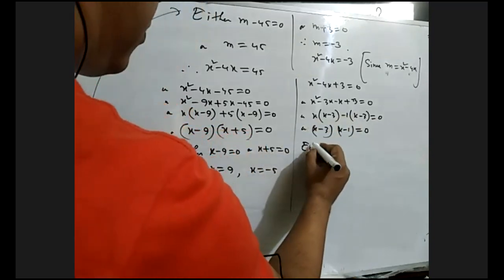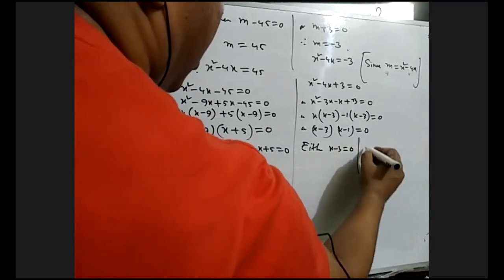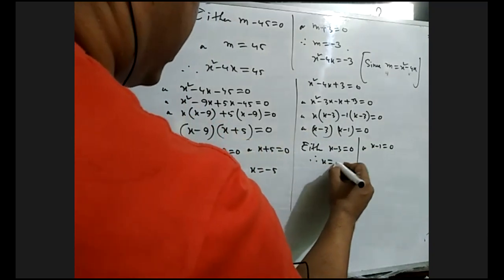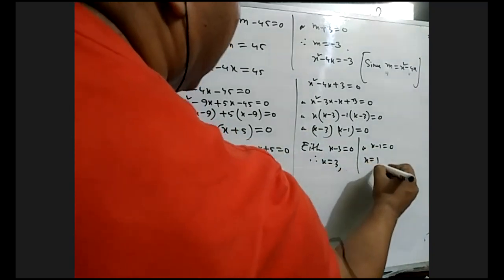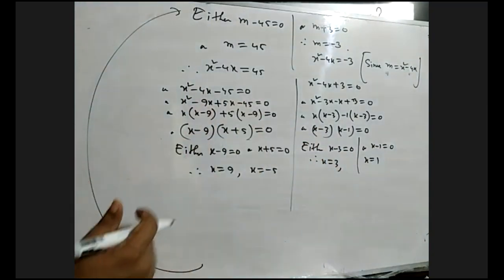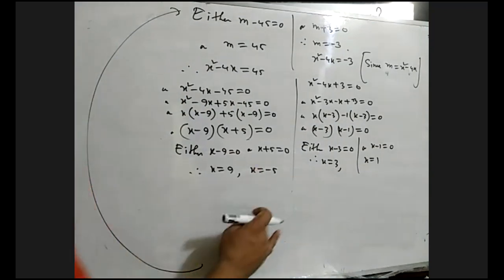So either x minus 3 equals 0 or x minus 1 equals 0. Therefore, x equals 3 and x equals 1 is the solution for the second part. But for the first part, x equals 9 and minus 5 is the solution.